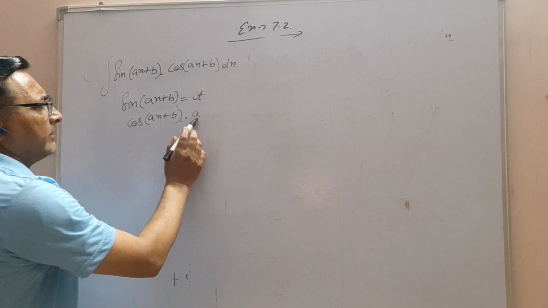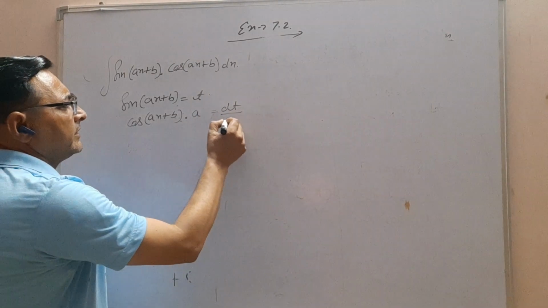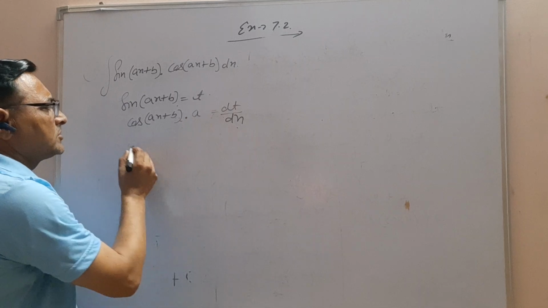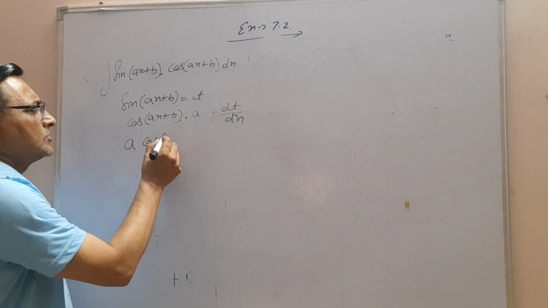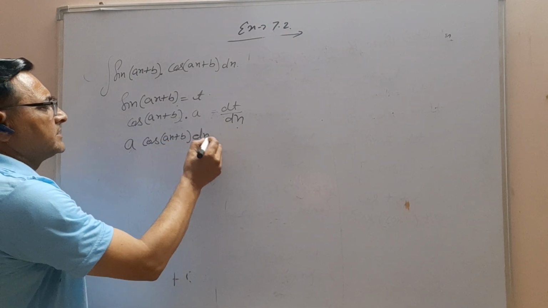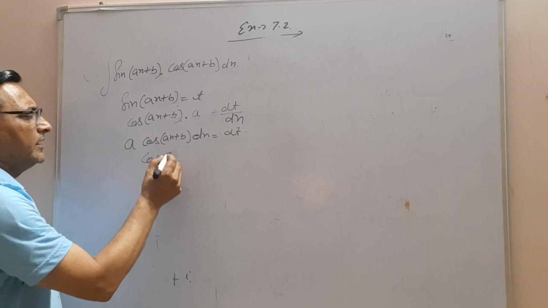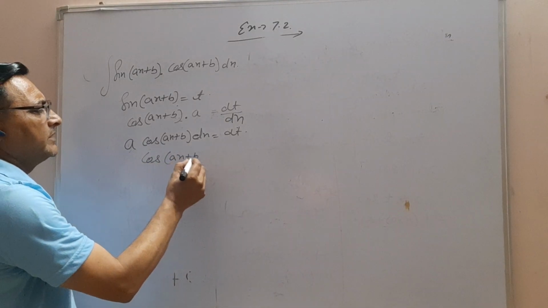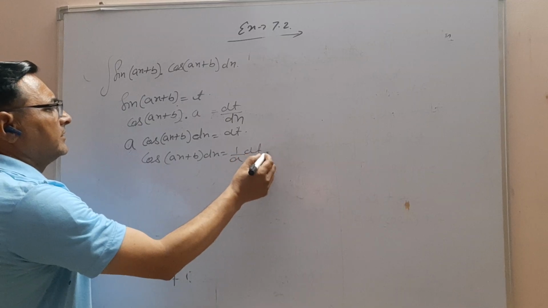So a is equal to dt by dx. Now cross multiply: a into cos of ax plus b into dx is equal to dt. You can also write cos of ax plus b into dx is equal to 1 by a into dt.